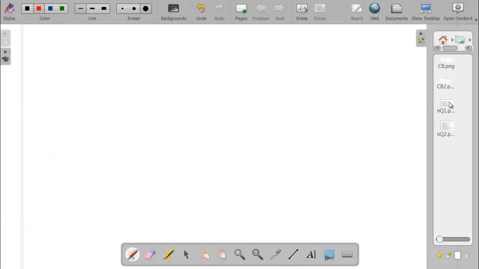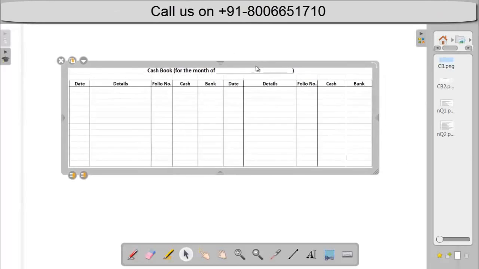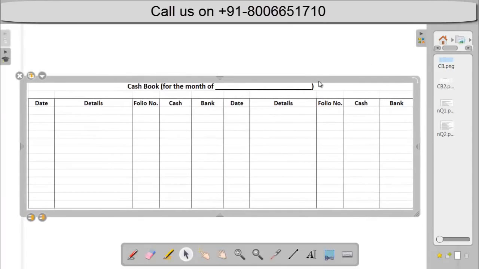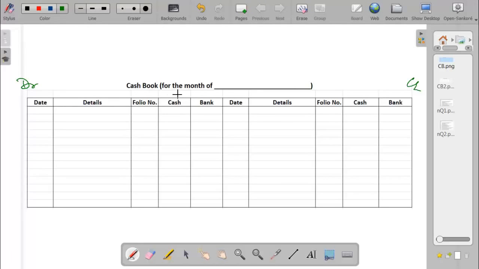So see the format of the 2-column cash book. This is the format. This is the debit side of the cash book, and this one is the credit side. And for whichever month we are preparing the cash book, we write that month here: cash book for the month of.